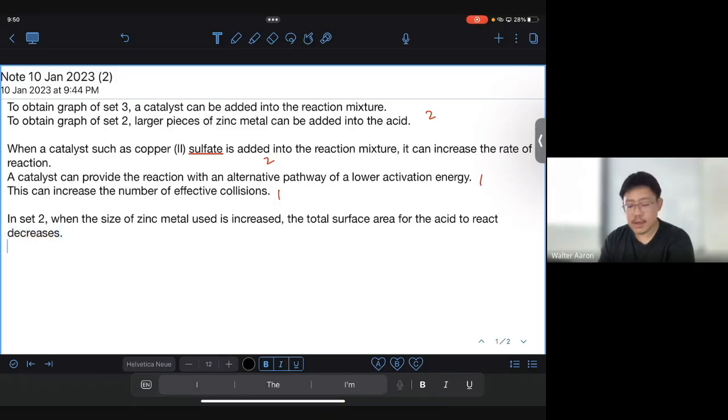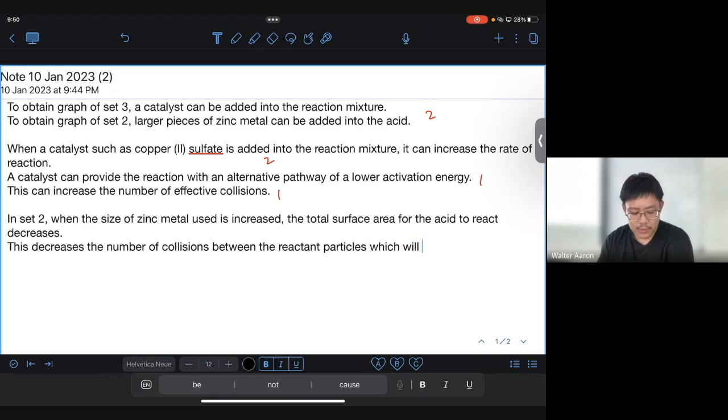All right, then I explain this decreases the number of collisions between the reactant particles, which will lead to a decrease in the number of effective collisions.